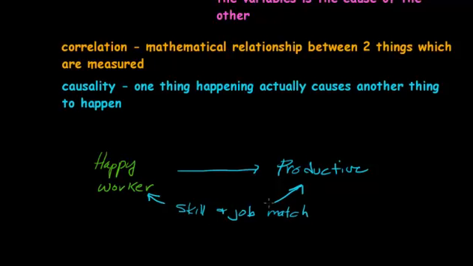So there's this third variable: as you get better and better skill to job matches, you get happier workers that are more productive. If people do not feel that their skills match what they're expected to do, they're less productive and they're probably not very happy with their job. So we want to be aware that there might be another variable causing those two things to either go up or down. And that's why we don't automatically assume that one causes the other.